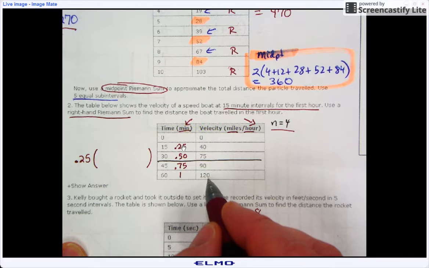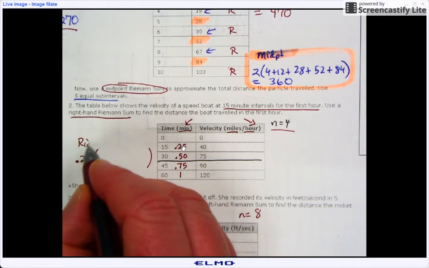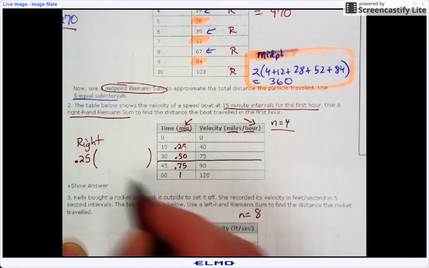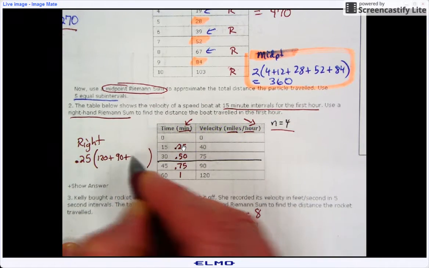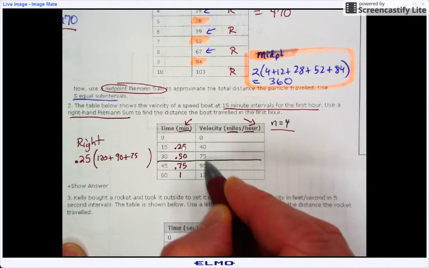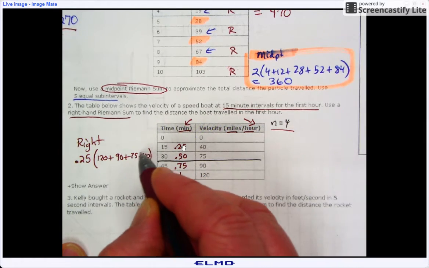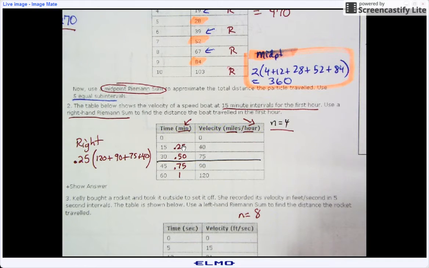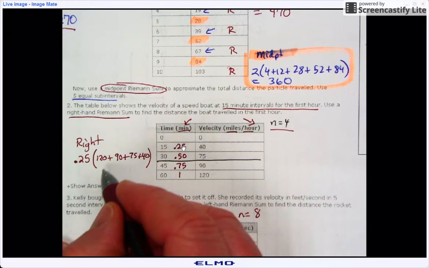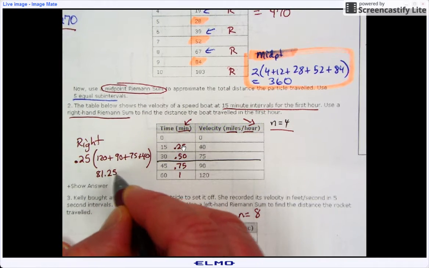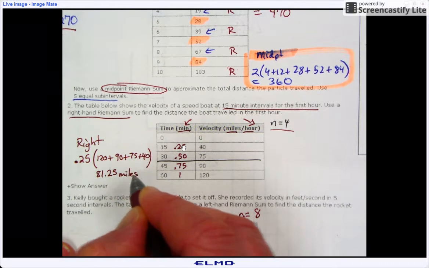So I'm going to do a right Riemann sum, and so all I'm going to do is use 120 plus 90 plus 75 plus 40, not using the 0. Okay, so you can add those up, divide them by 4, whatever you do with your simplifying. Multiply by 0.25, however you want to do it. So you get 81.25 miles in an hour.